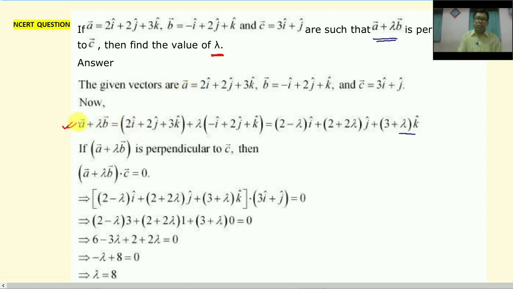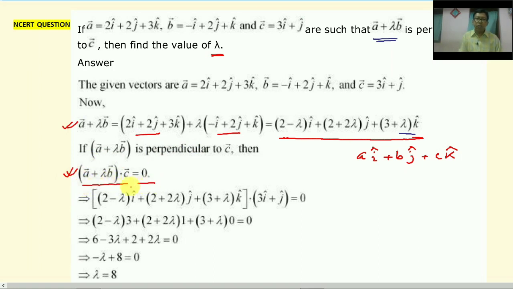So A plus lambda B vector, you find this one, it is very important. A plus lambda B vector should be found, and put the value of A vector and B vector, and make it in the form of a i plus b j plus c k cap, like this format, and this vector is perpendicular to another vector C. So for this, the dot product between them is equal to 0, isn't it?